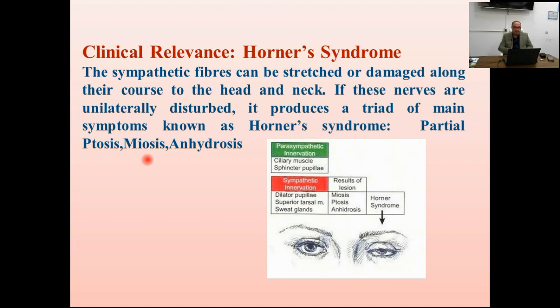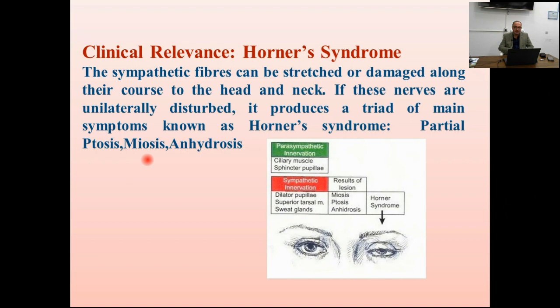Clinical relevance to the sympathetic involvement is what is called Horner's syndrome. The sympathetic fibers can be stretched or damaged along their course to the head and neck. If these nerves are unilaterally disturbed, it produces a triad of main symptoms known as Horner syndrome: partial ptosis, miosis, and anhidrosis.